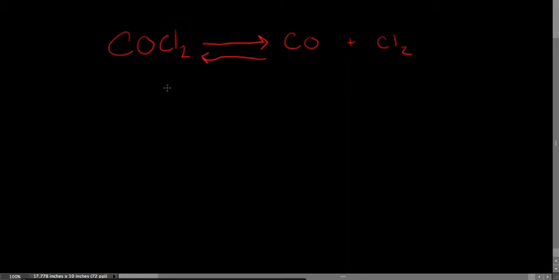We can write a K sub C expression for this reaction, in which case we'll put the products over the reactants. Our products here would be the concentration of carbon monoxide times the concentration of the chlorine gas divided by our reactants, which are just the concentration of the COCl2.